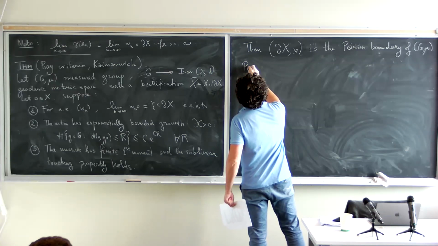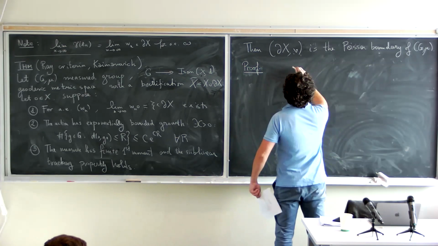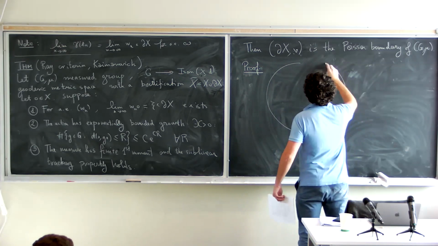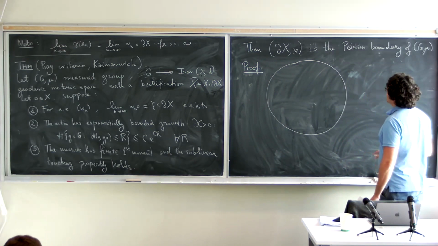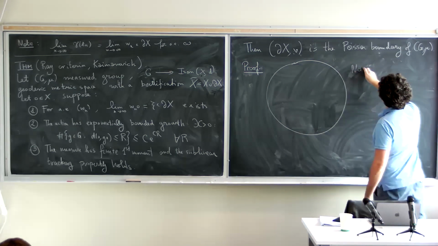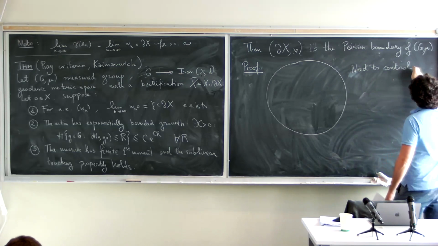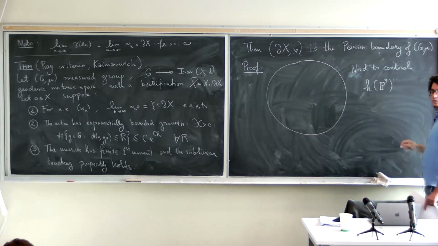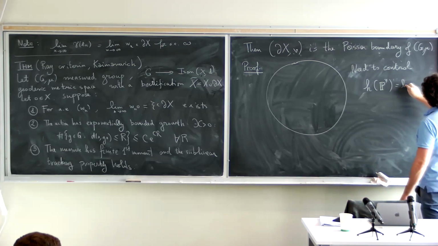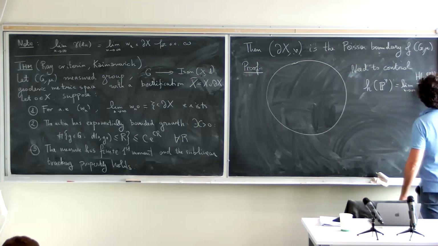So what's the idea of the proof? The idea of the proof is the following. It's pretty easy, actually. We need to control the entropy of psi, which is the limit as n goes to infinity of the entropy of mu and psi divided by n.